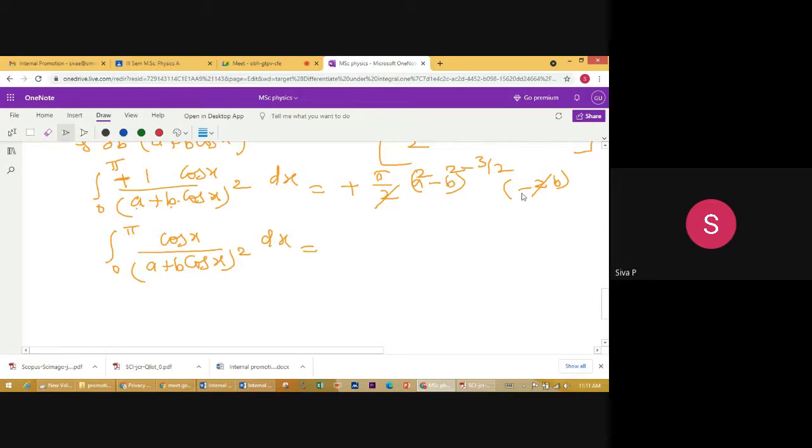Already here one minus is there, so minus pi b divided by (a square minus b square) whole power 3 by 2. This is the second result.